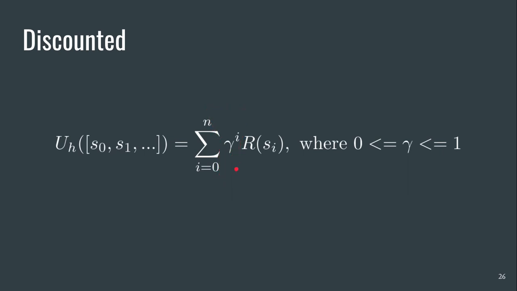But if it's not, this gamma is going to progressively make the reward smaller and smaller, which is going to make it, in the infinite horizon situation, more and more valuable to reach a terminating state because the agent isn't getting any reward at this point. So that's what this is trying to solve, and it also makes it a little bit smarter overall.